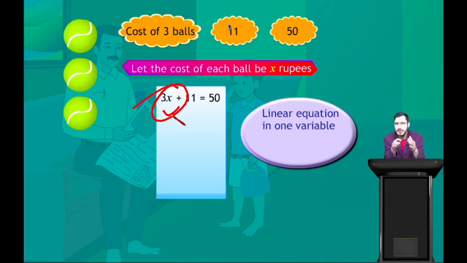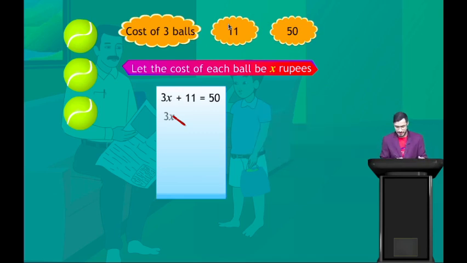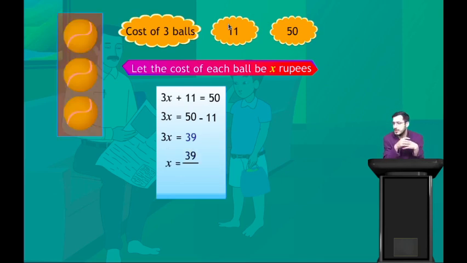So linear equation in one variable, or we can say a simple linear equation, consists of only one variable x. So 3x is equal to 50 minus 11, that is 39. So 3x equal to 39, so x equal to 13 here.